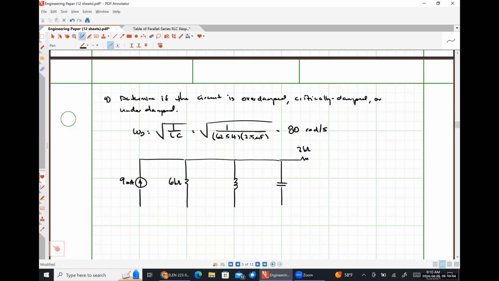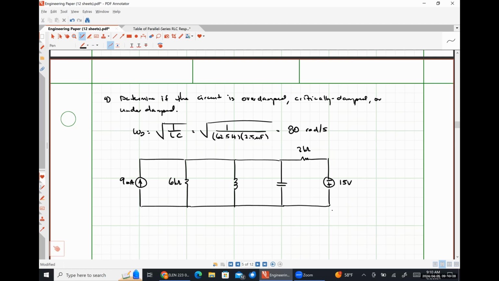Here's my 3 kilo ohm resistor. Here's my voltage source. So we're looking for the equivalent resistance of this thing, which means we need to be looking at a dead network. All we're doing is finding the Thevenin equivalent resistance with respect to our energy storage element.